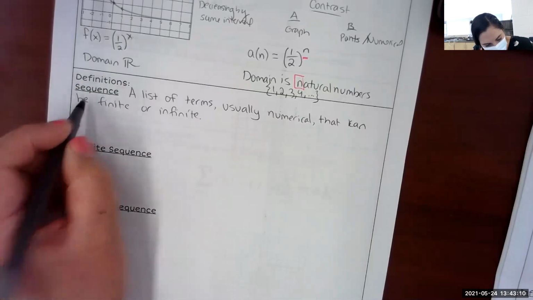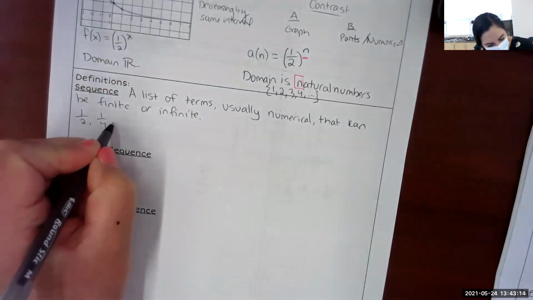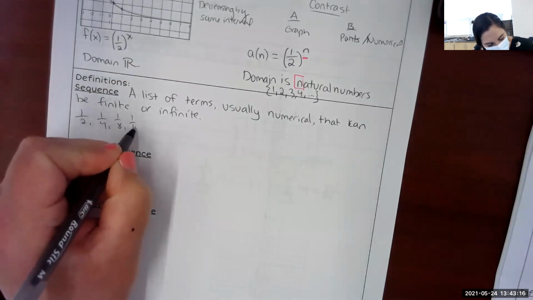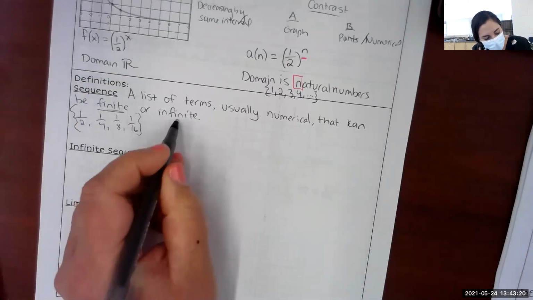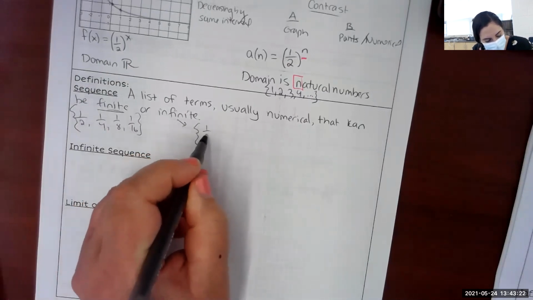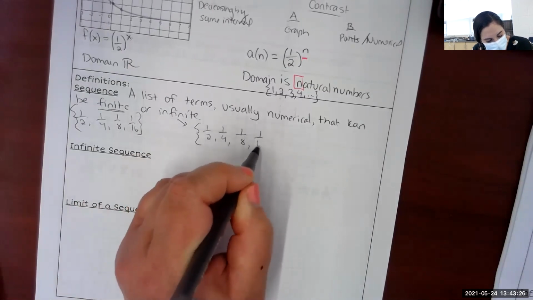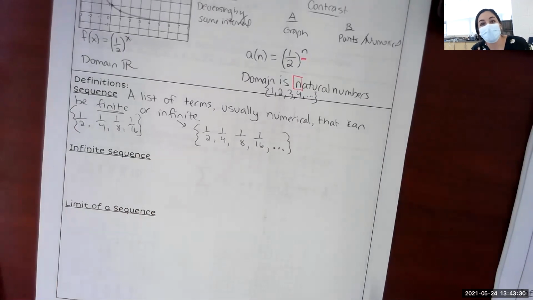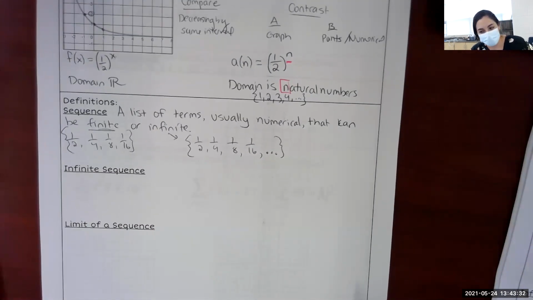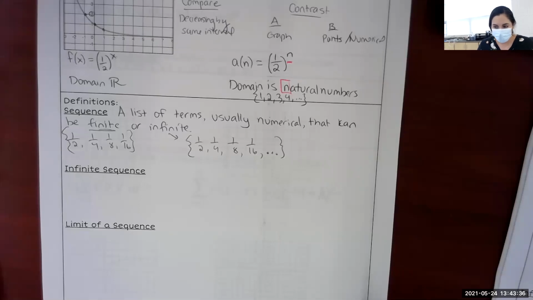So we could have this sequence: 1/2, 1/4, 1/8, 1/16, and then we stop. And that's the whole sequence. But infinite would be maybe if we continued on forever using those ellipses, right? Okay. So that's what a sequence is.